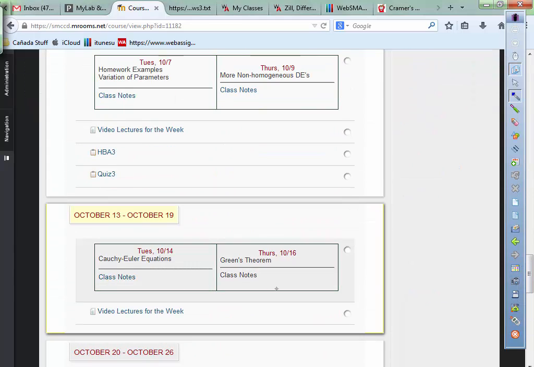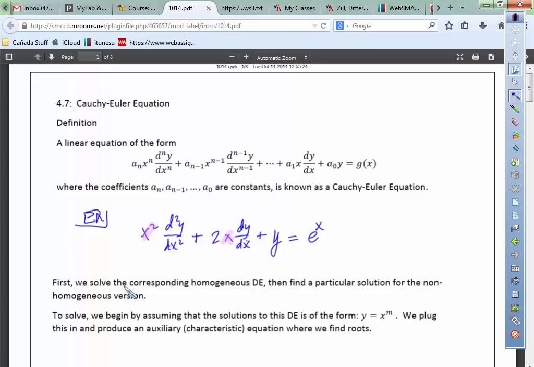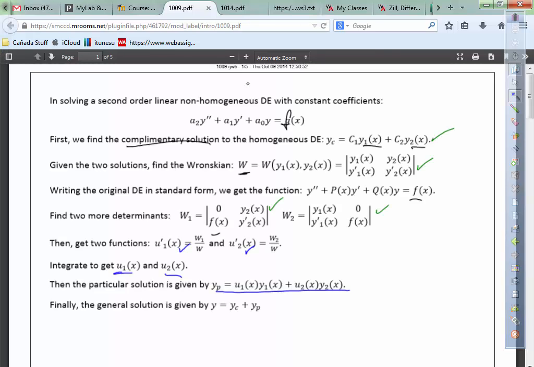I think I have my notes up here. I can always look back. Oh, we did Cauchy-Euler equations. What did we do before that? Variation of parameters. So we were doing this, right?